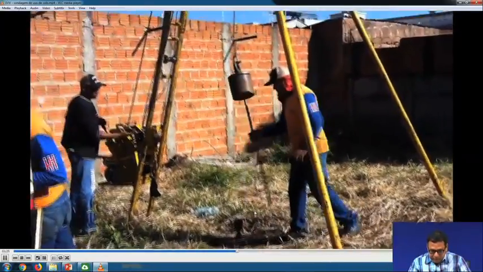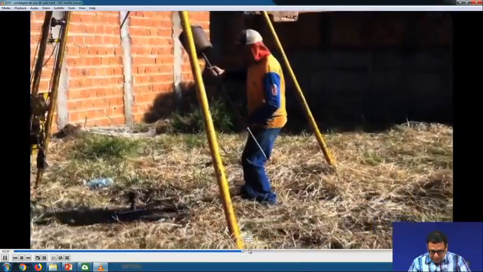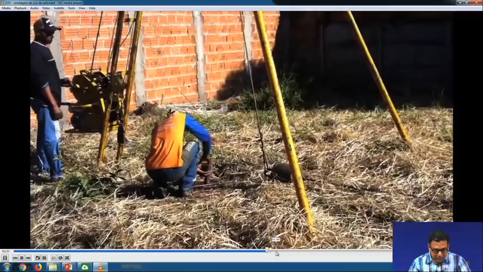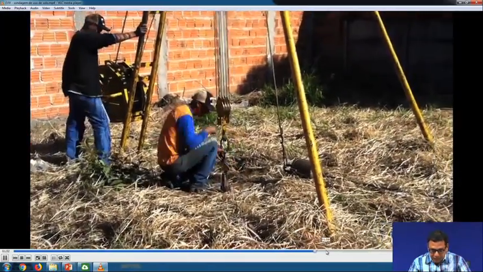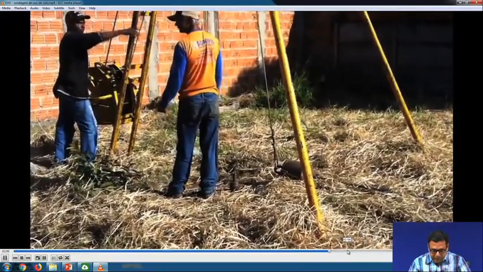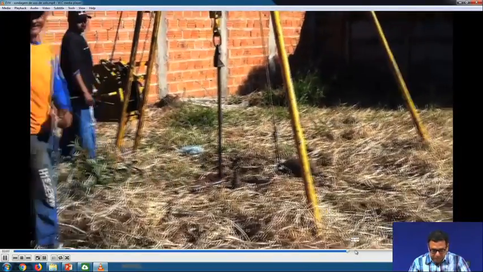Once it is done, the drill rod with the sampler tube will be taken out from the soil.